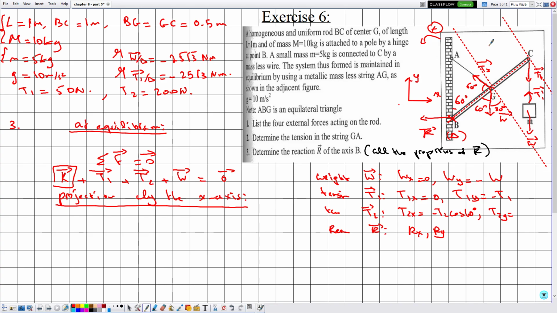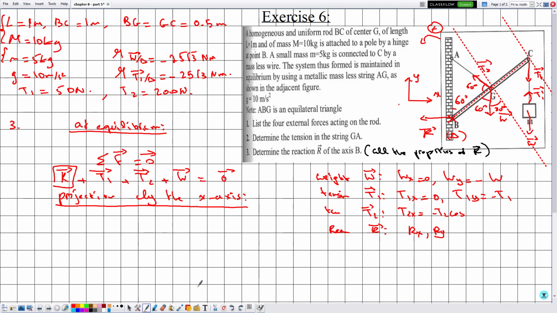No, it's not a mistake. Okay, this is not cosine 60.